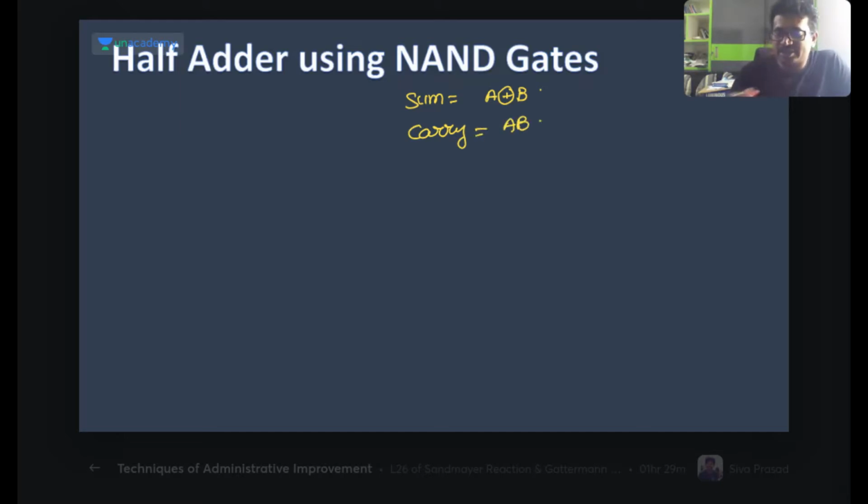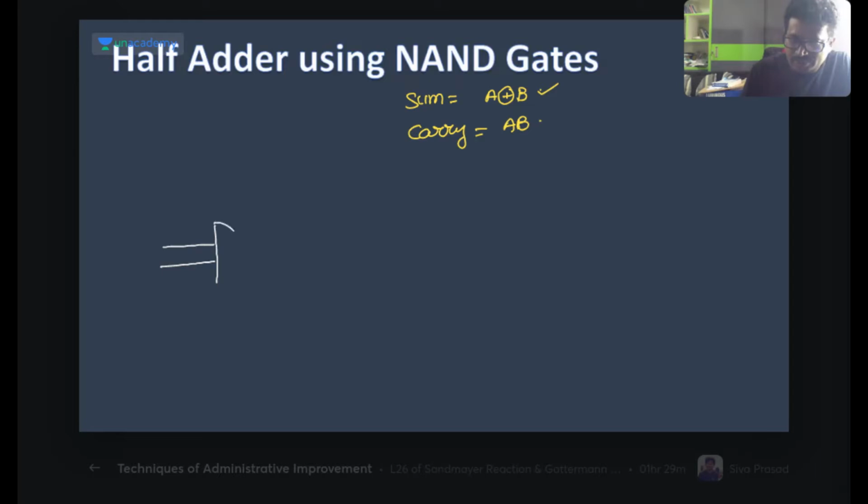As we have seen, implementation of the XOR gate by using NAND gates. How many NAND gates are required? Remember the diamond symbol? Remember the diamond symbol?